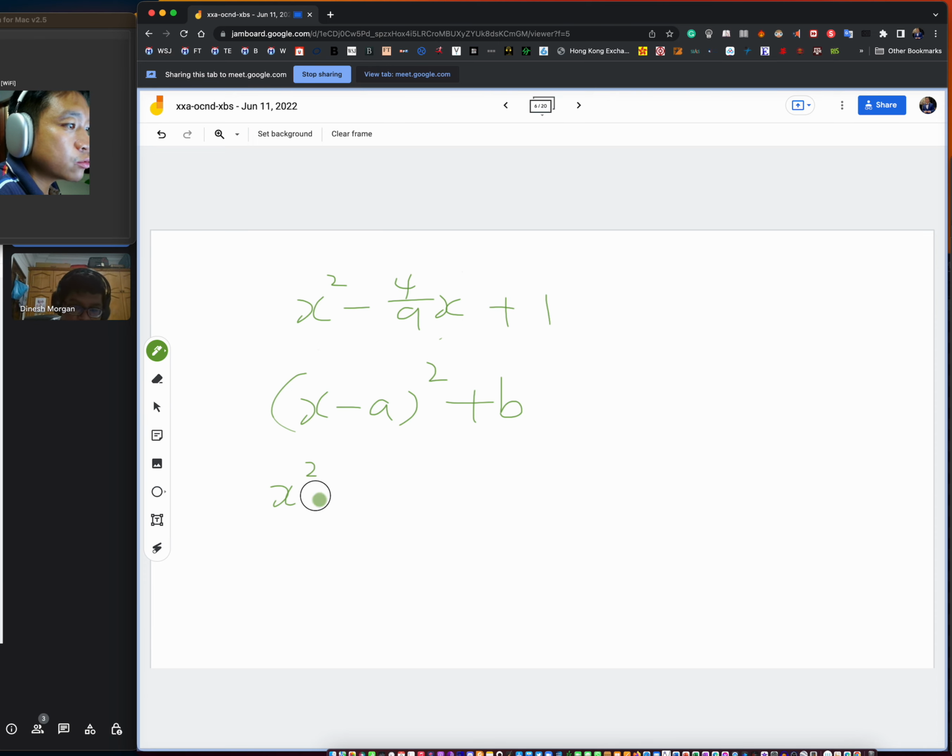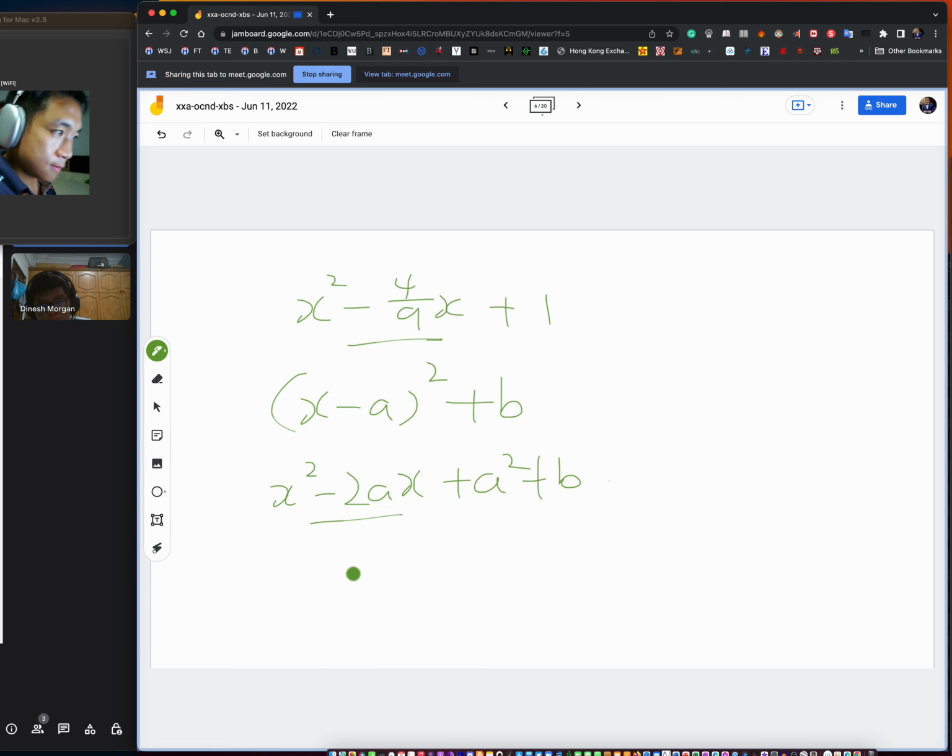Basically, you just do this. Help me out a bit with your calculator. So your this is your this, so your minus 2a is equal to minus 419.